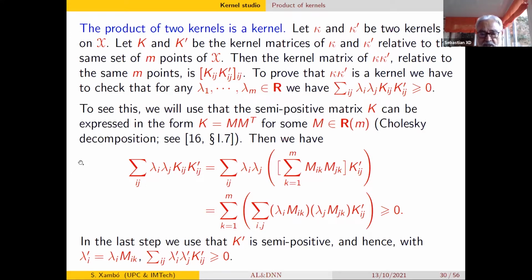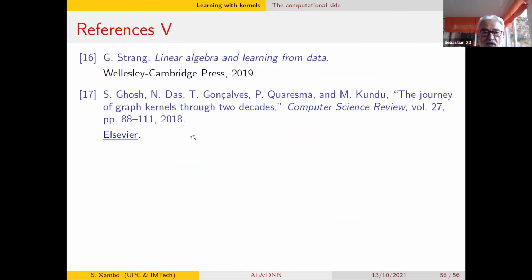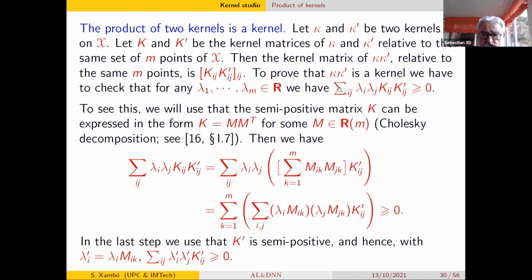If it's not fresh in your minds, you can look, for example, at this book, which actually has many interesting things. It was published a couple of years ago, by Gilbert Strang, Linear Algebra and Learning from Data. He is an MIT professor. So you take this Cholesky decomposition, and then you have the following.